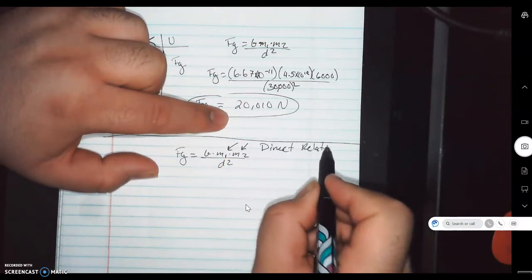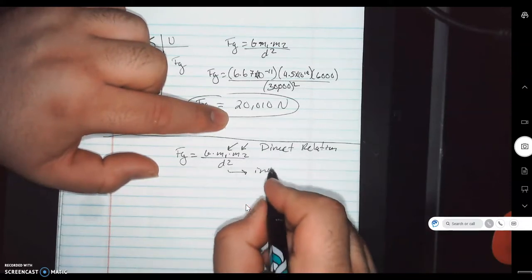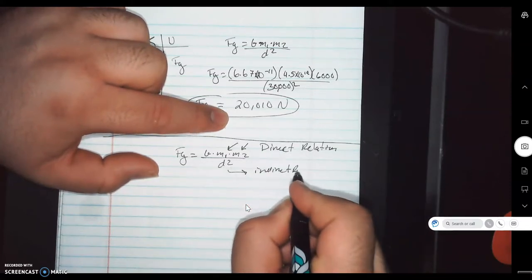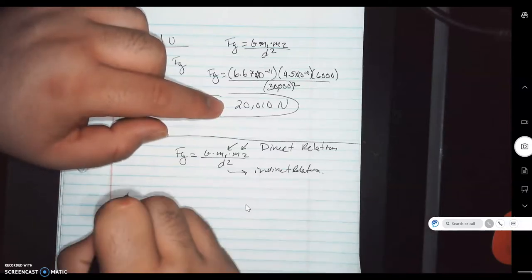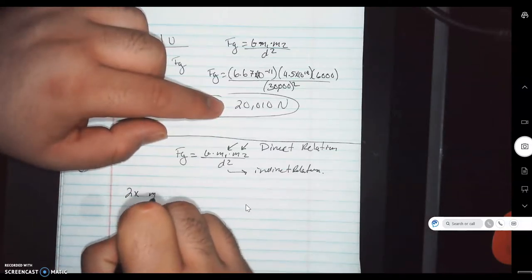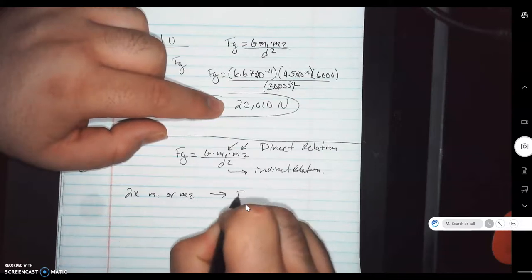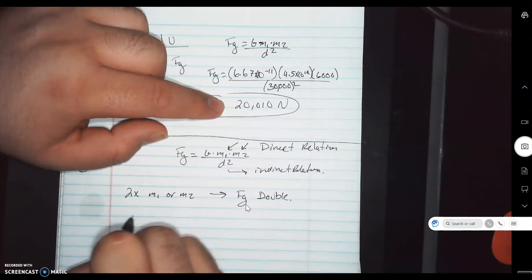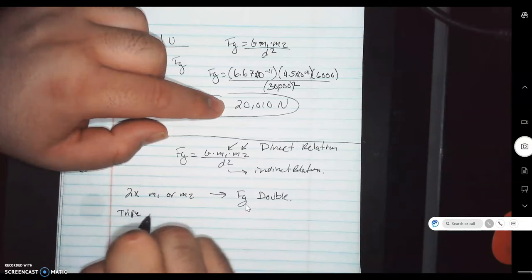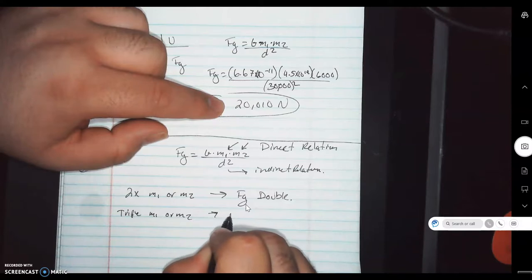So as one goes up, the other goes up, and it goes up in a linear fashion. If it's on the bottom, it has an indirect relationship. So what's happening here? If you double M1 or M2, that's going to cause FG to double. If you triple M1 or M2, that's going to triple FG.